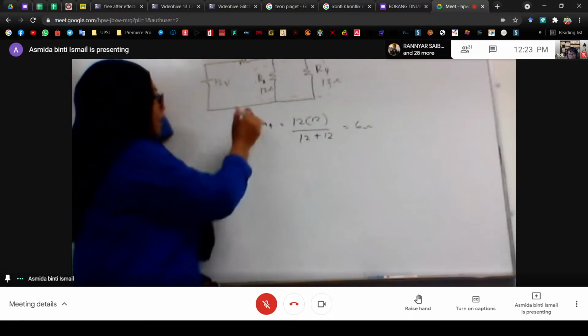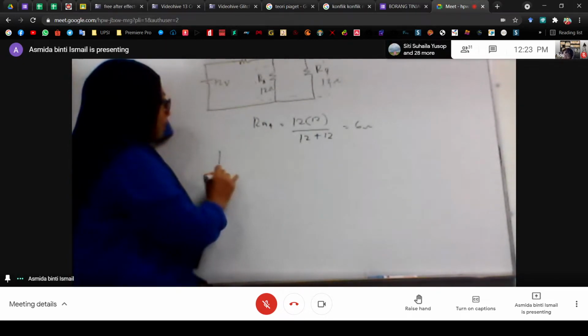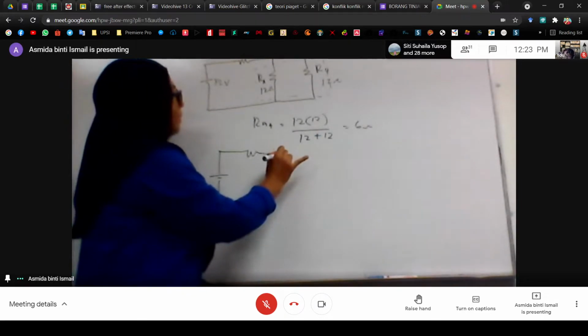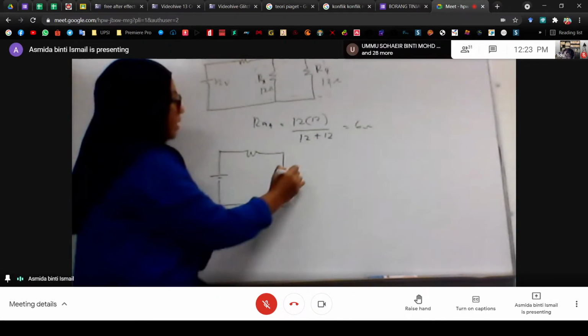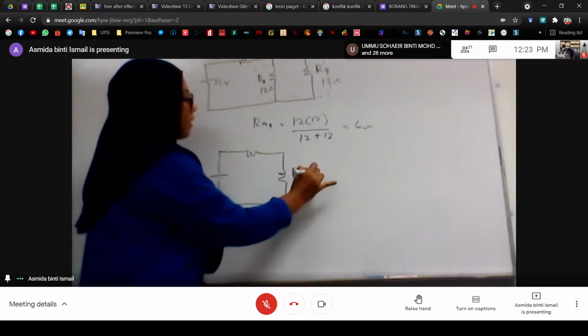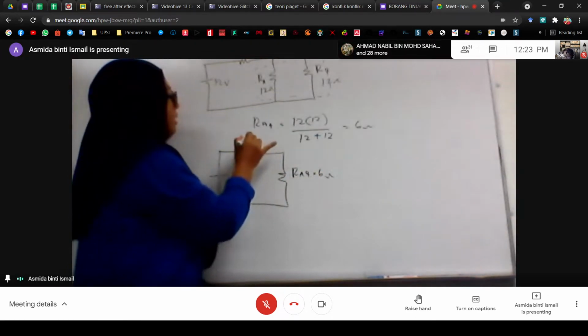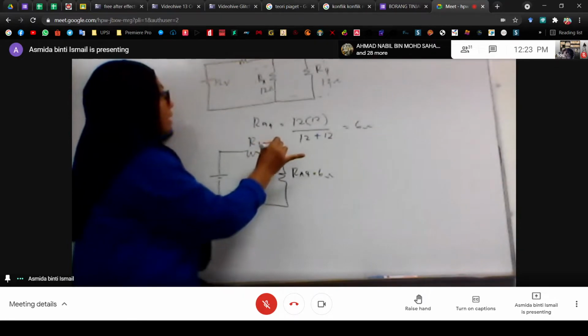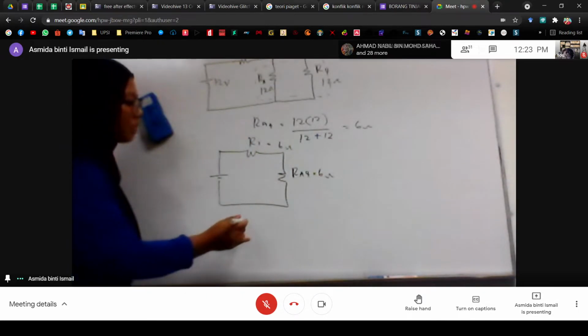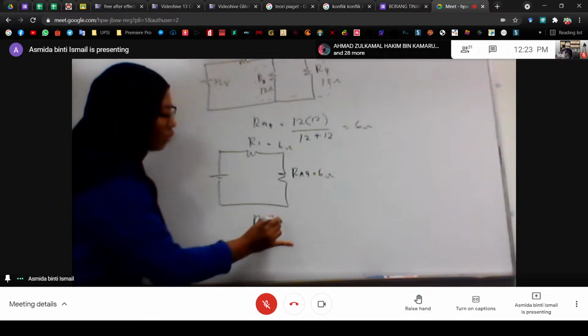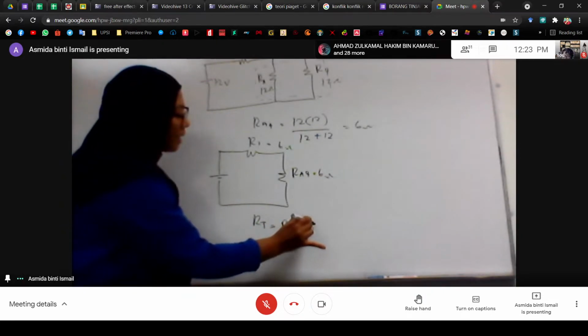And then your circuit becomes like this. So this is RA4 equal to 6 ohm. Your R total is equal to R1 plus RA4.